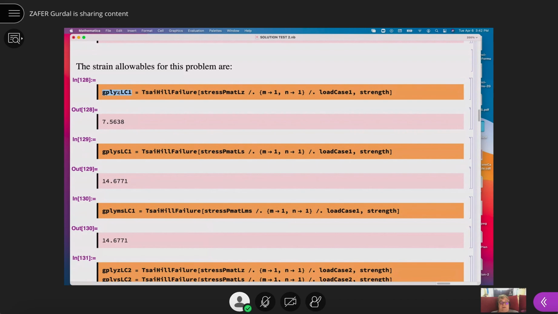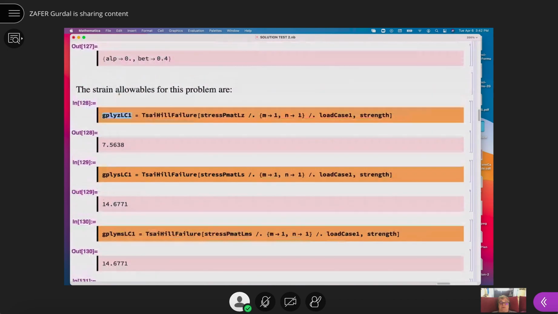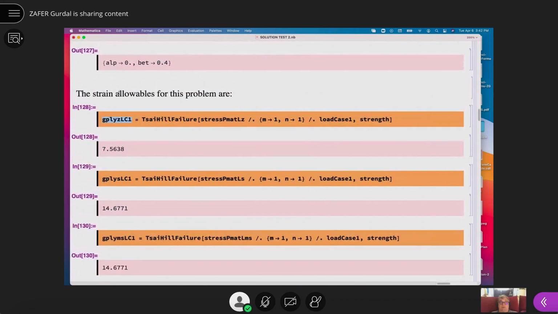So this is my constant. The question is, do I want to make this parametric?